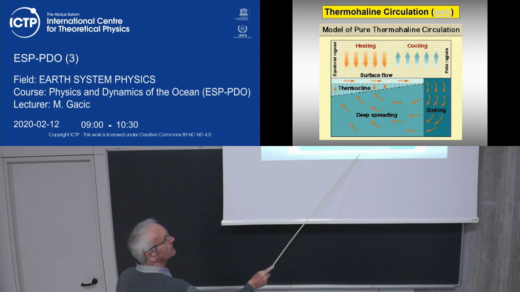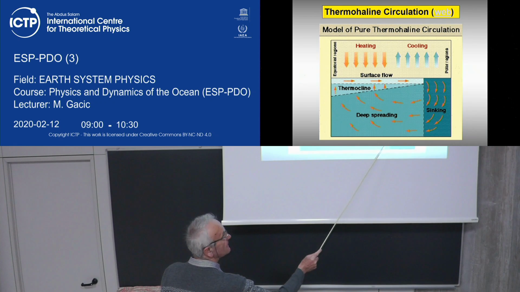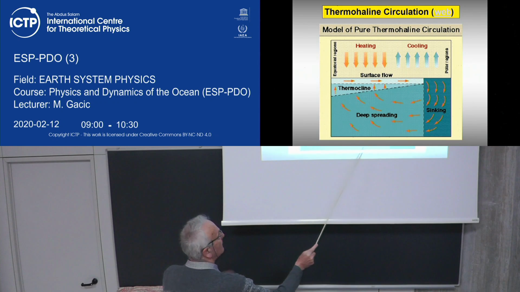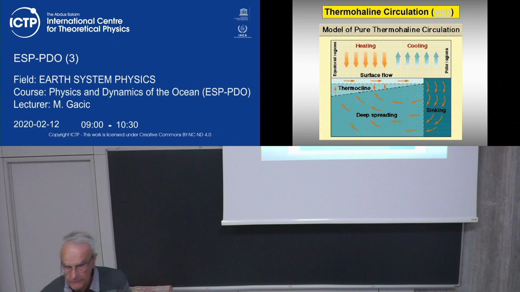At the same time, in the deeper layers, we have a deep spreading of this dense water which is formed in the polar area. So after some time we have the formation of the north-south, or polar-equatorial area, circulation cell.